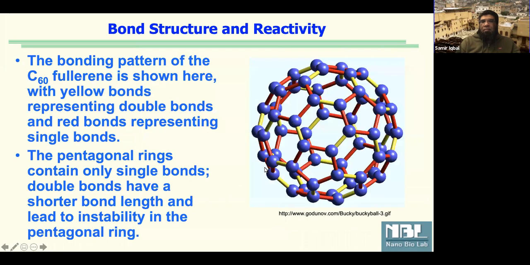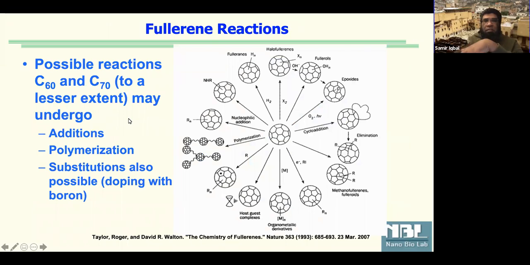But what makes them important is that there are so many different reactions that can be done with buckyballs. Because of the pattern, this is just showing a buckyball where yellow bonds are double bonds and reds are single bonds. The idea is that they are highly reactive, and many different kinds of reactions can be done with them. This simple figure shows the possible reactions that can be achieved from C60, C70.